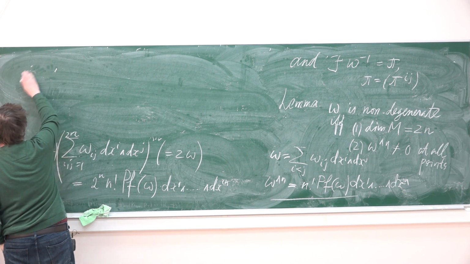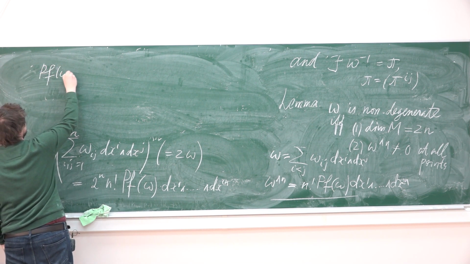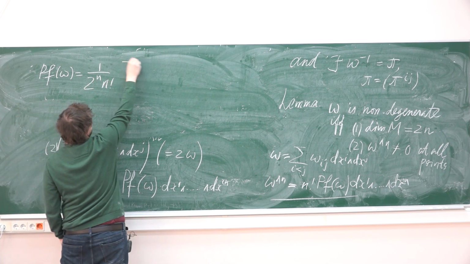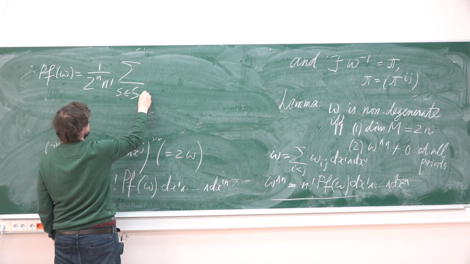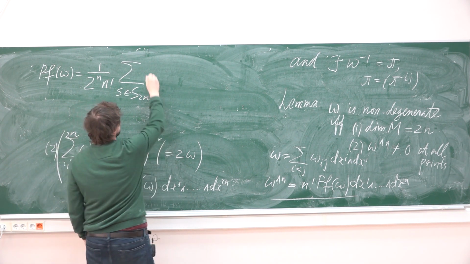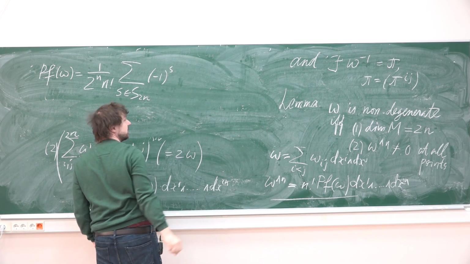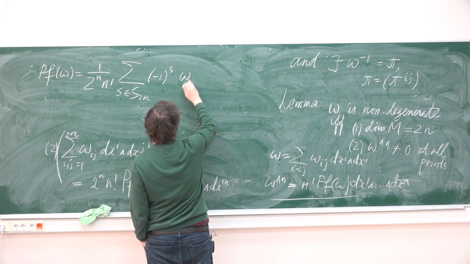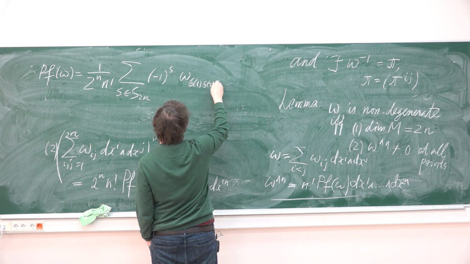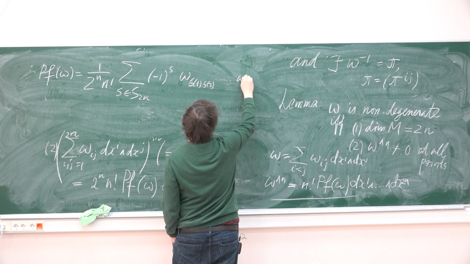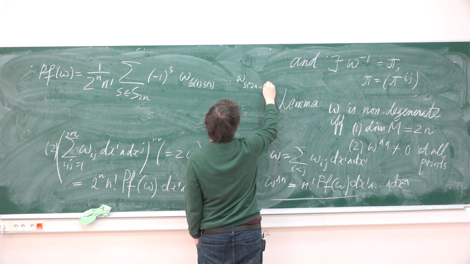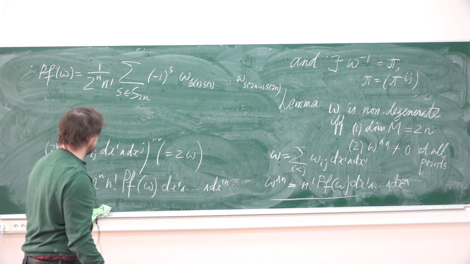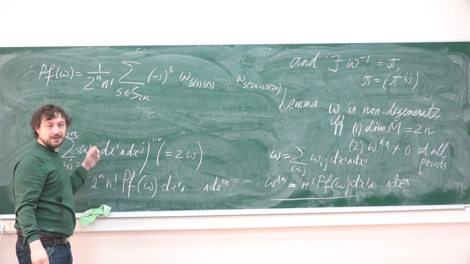So Pfaffian of omega is 1 over 2 to the power n times n factorial, sum over all permutations in the group of permutations of 2n elements, minus 1 to the power of s, that is the sign of the permutation, omega s(1) s(2), and so on, omega s(2n-1) s(2n). So that's actually the formula. You can just expand this expression and get this formula.